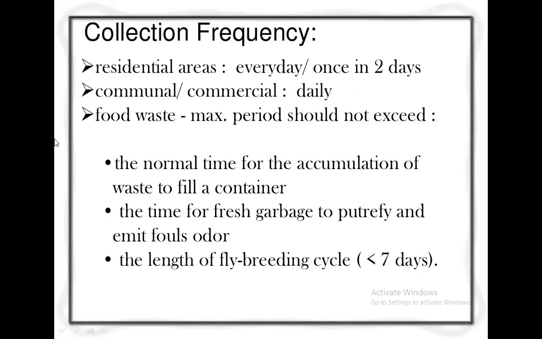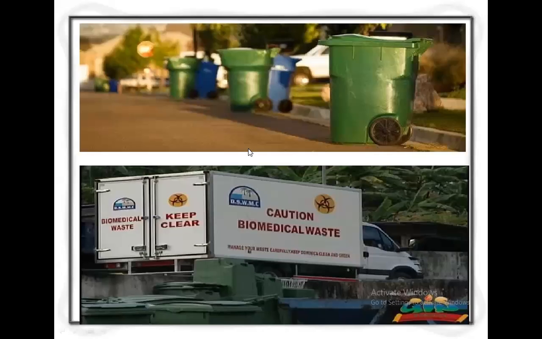For food waste, the maximum interval should not exceed the normal time of accumulation of the waste to fill a container, and the time for fresh garbage to putrefy and emit foul odor. And third is the length of the fly breeding cycle, less than 7 days. So within this span the waste should be collected so that it does not spread any diseases or bad odor. This is the collection frequency.